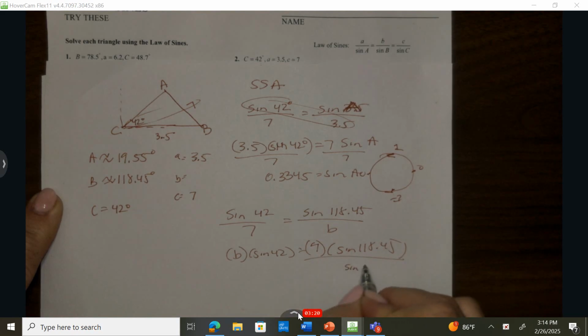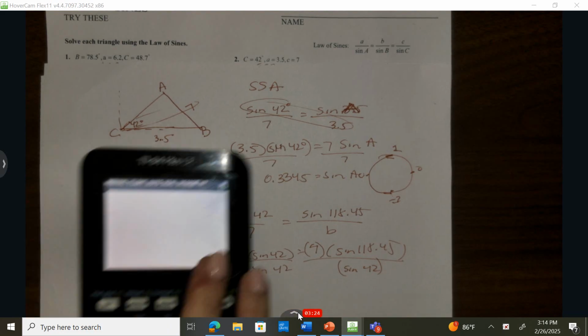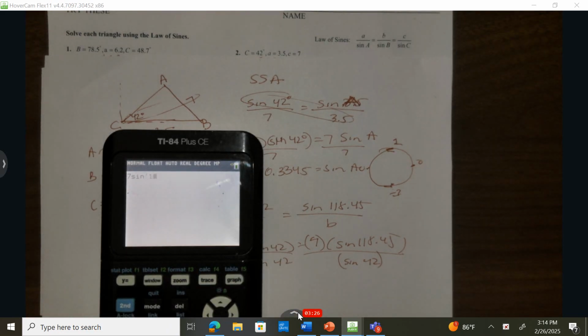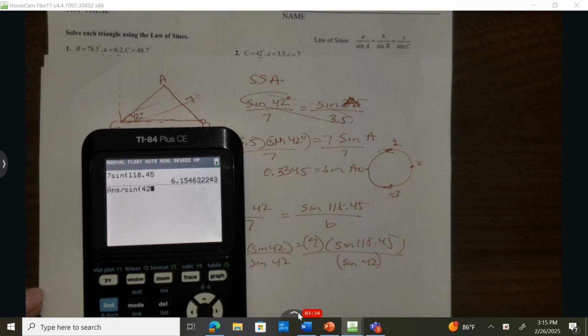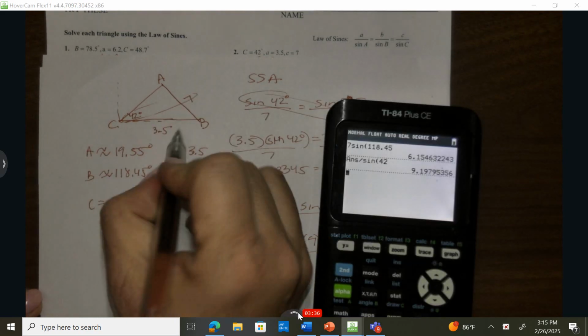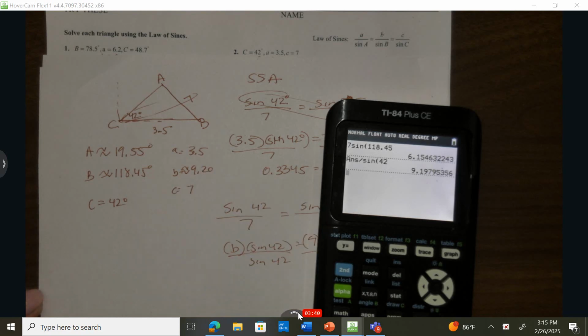I'm going to divide by the sine of 42. And now we'll figure out what B is. 7 times the sine of 118.45, and we're going to divide that by the sine of 42. Okay, so we have approximately 9.20.